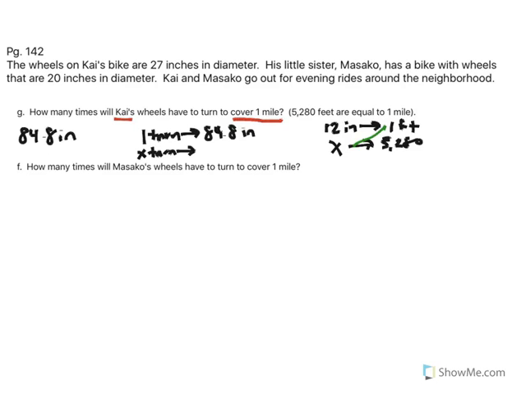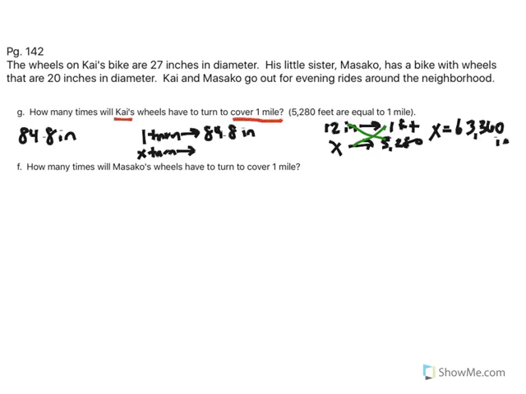We'll cross multiply, and we get x equals 63,360 inches. This many inches are in 1 mile.